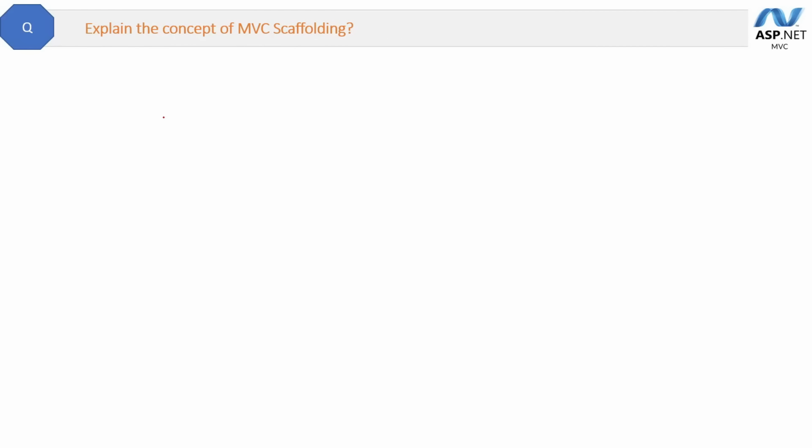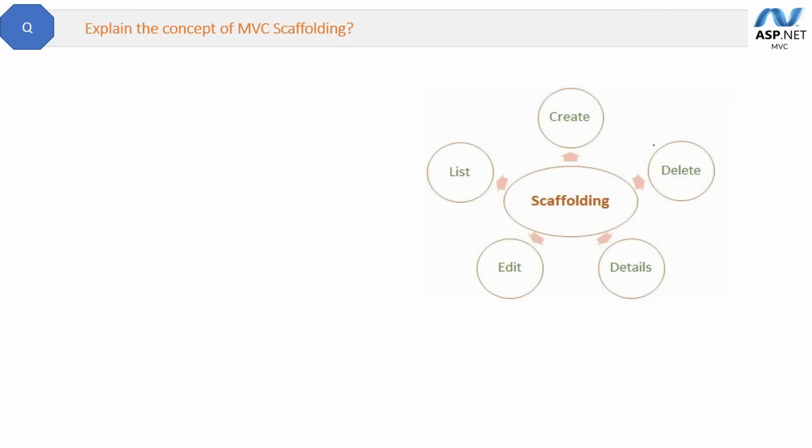Explain the concept of MVC scaffolding. MVC scaffolding is nothing but it helps to create a default format for CRUD operations. So if your application has CRUD operations, then the .NET framework has provided a technique called scaffolding, which will create a basic structure for doing these operations.